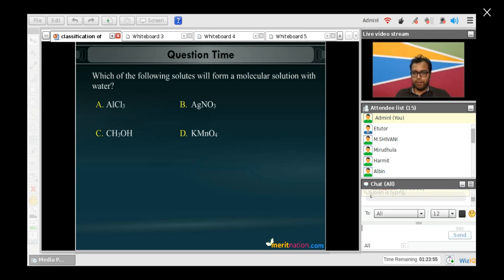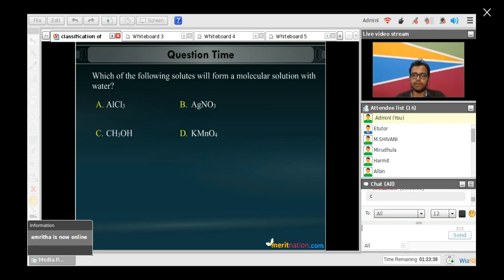It will form a molecular solution because in this case it won't get dissociated into ions, right? CH3OH, methanol, will not get dissociated into ions when you dissolve methanol into water. So it will exist in the molecular form only. And if you dissolve any other compound, that is AlCl3, AgNO3 or KMnO4, then that will get dissociated into ionic form. So it will form cation and anion inside the water, right? So C is your correct option.